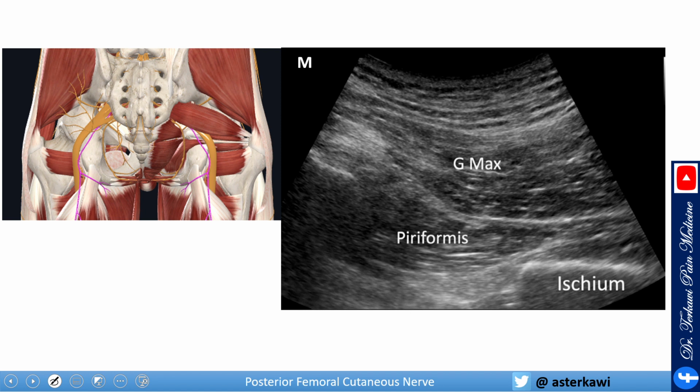Now, it's a nice habit to scan up and down just to confirm. If you are scanning up at the level of the piriformis, remember the nerve is underneath the piriformis and medial to the sciatic nerve.